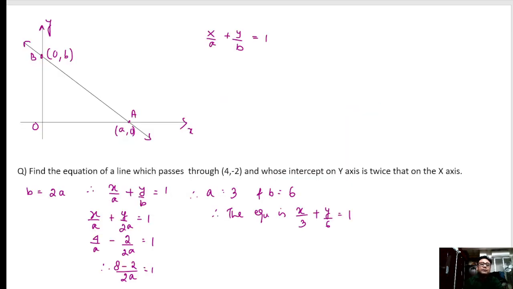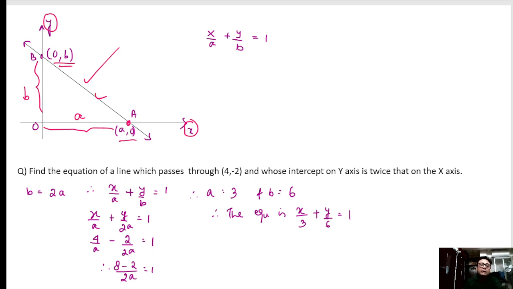Okay friends, so if this is a line AB cutting the x-axis and the y-axis, suppose it makes intercepts of a and b. So the coordinate of A will be (a, 0) and the coordinate of B will be (0, b).